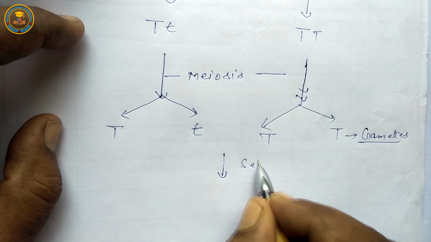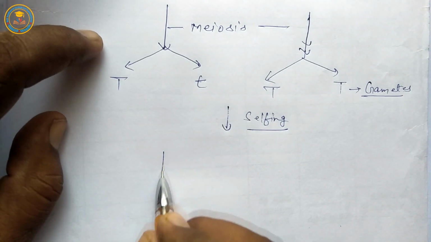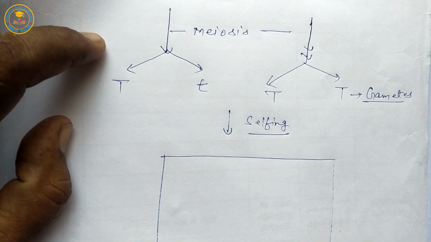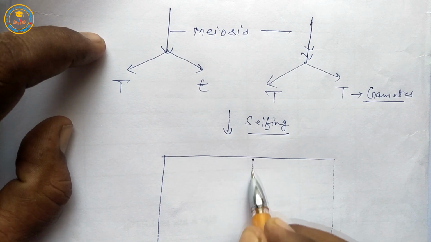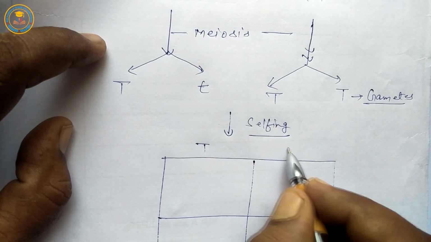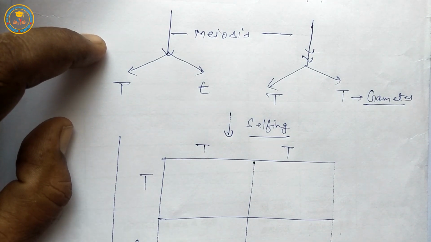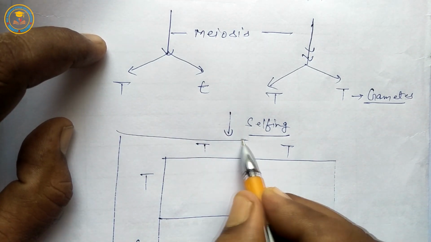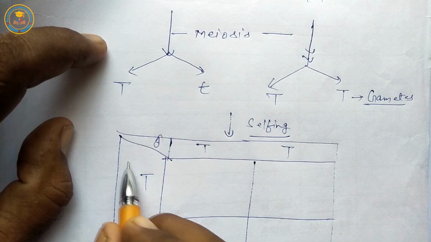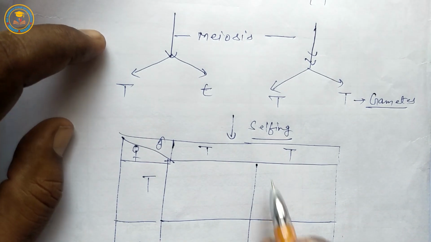Next is selfing. I draw a checkerboard or Punnett square. If dominant parent is related to male, so F1 generation is related to female.